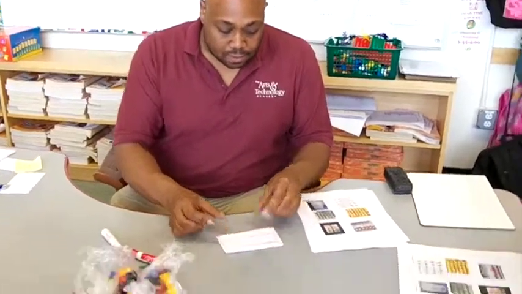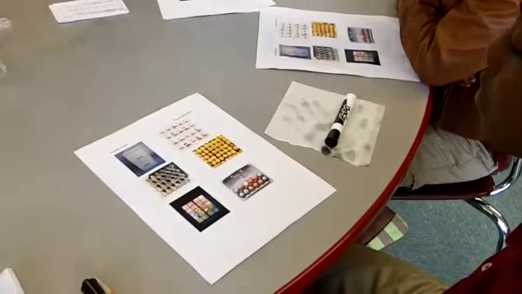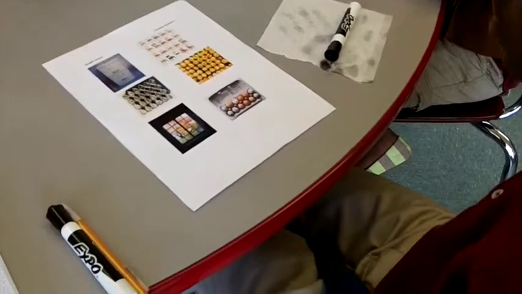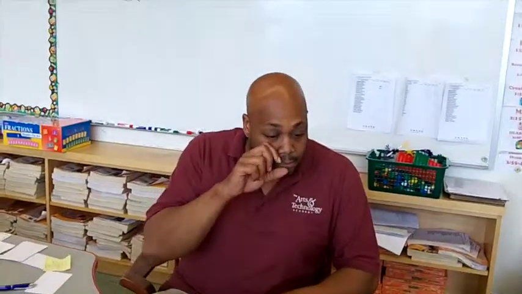Good. So let's look at the worksheet again. What do you observe about the egg carton? Kamara? They have 2 rows and 6 columns. Good. All right. Now, who can go to the board?